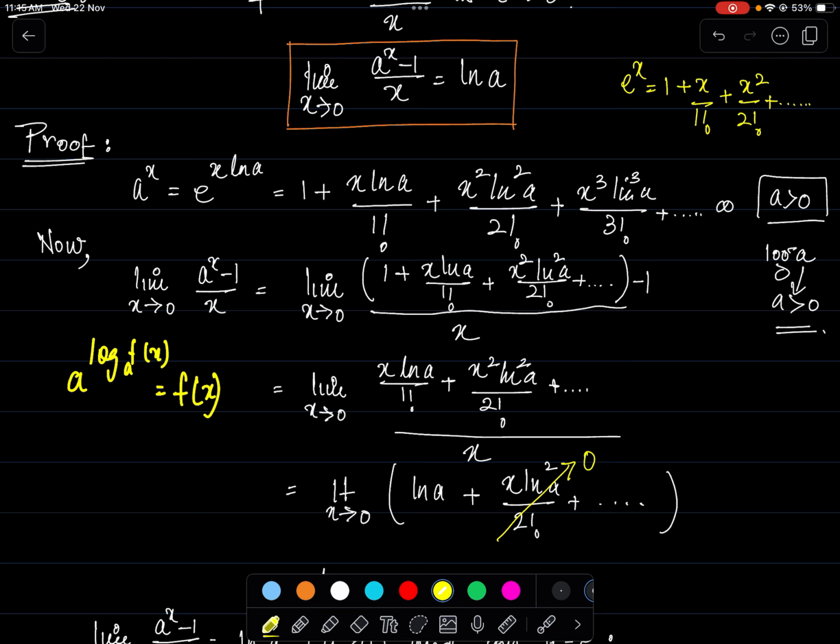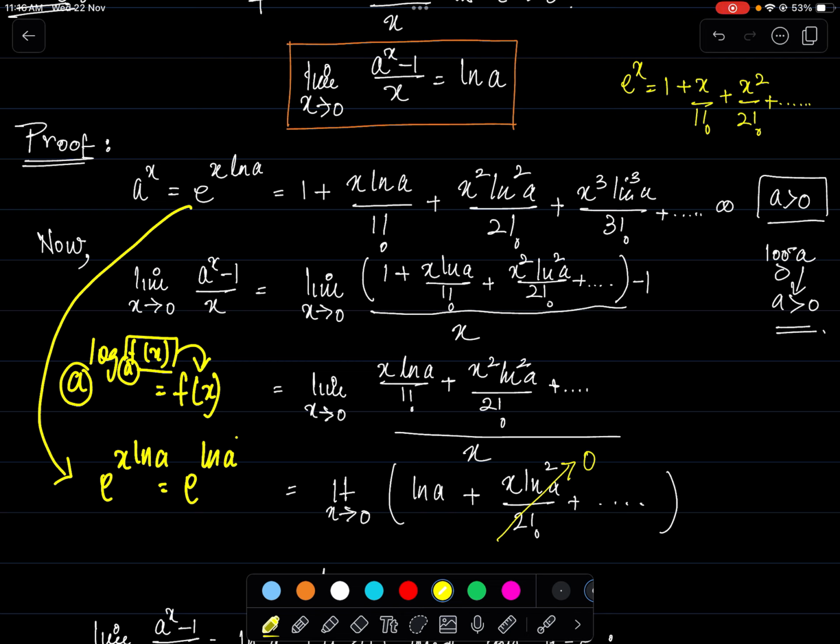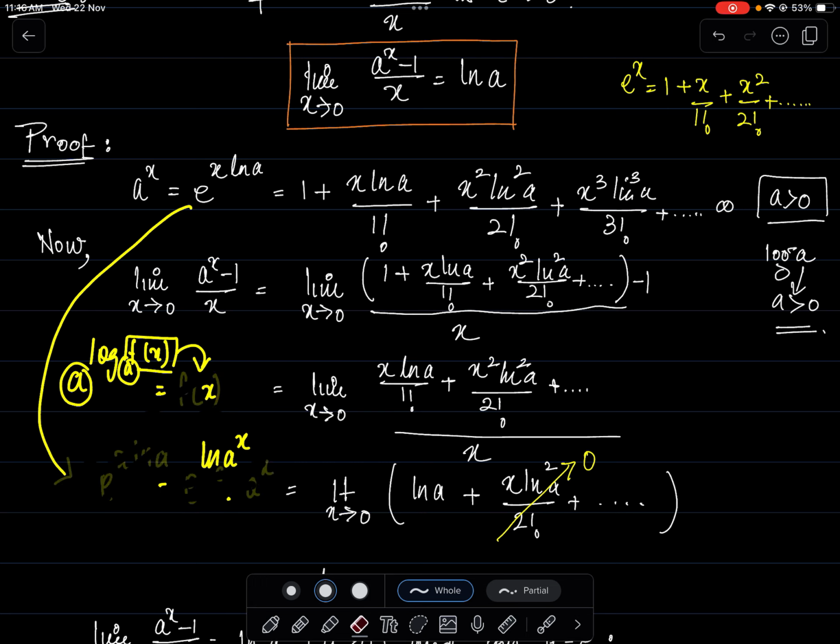So if you have the base same as that of the log, then whatever is inside the log comes out as a function. Now over here, if you look very carefully, e to the power x ln a is the same as e to the power ln a, the whole to the power x, and this is in base e. So actually you will get the same term, a to the power x. I hope this is clear to you.